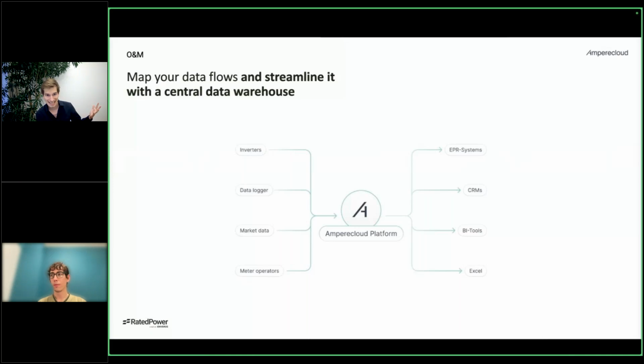So what's getting into the system, and we take a look at what needs to go out. How do they operate? Do they have an ERP system, CRMs, BIs, or what kind of reports do they need to provide to their customers, to their investors? And then we figure out how the Amperecloud platform can help here.